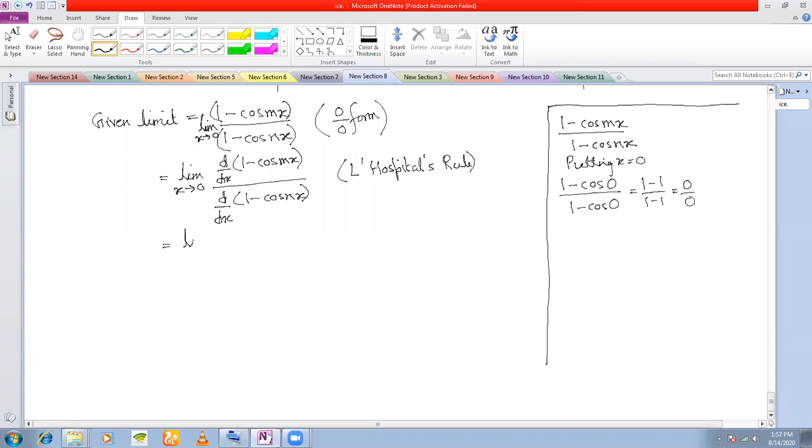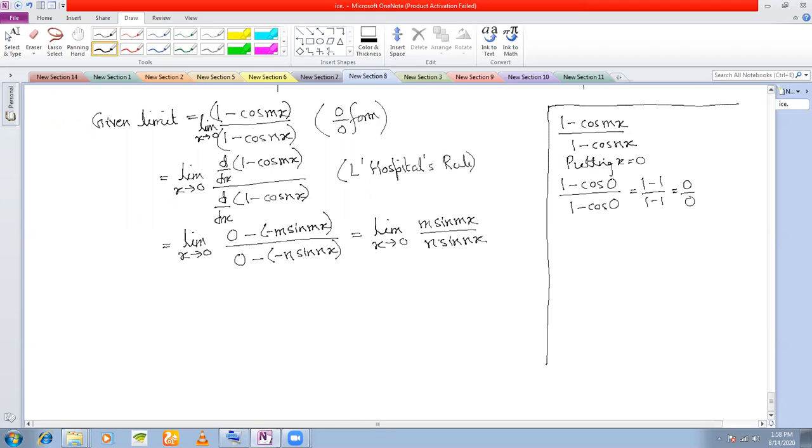So now you write the value after the differentiation. d/dx of 1 is 0 minus d/dx of cos mx is minus m sin mx. Any doubts here with the differentiation? No, sir. Minus n sin nx. So what you get here is limit x tends to 0 of m sin mx by n sin nx.